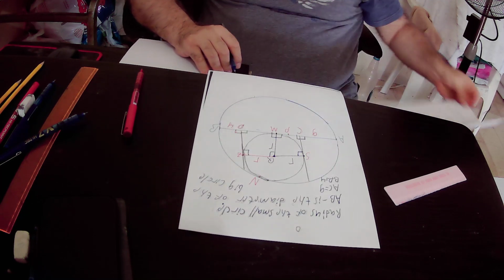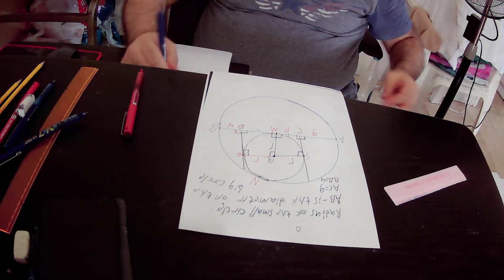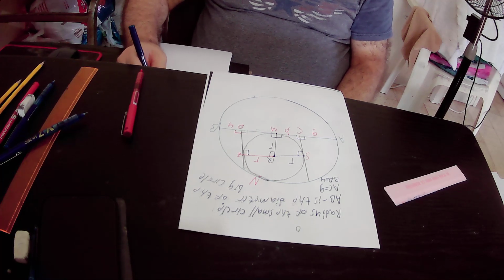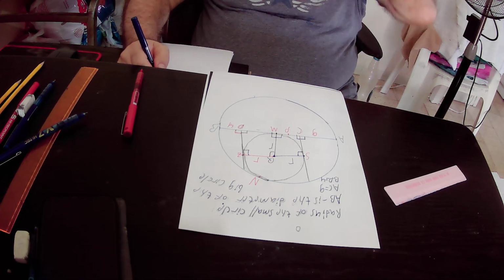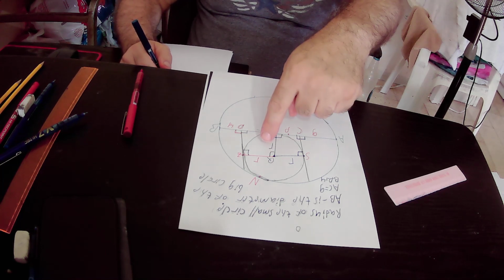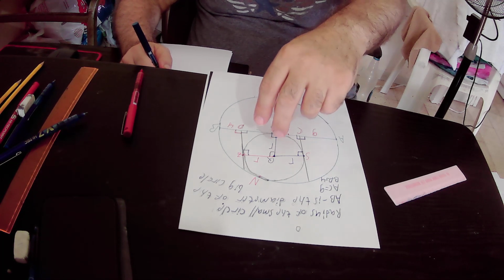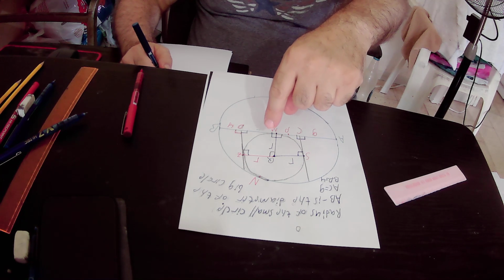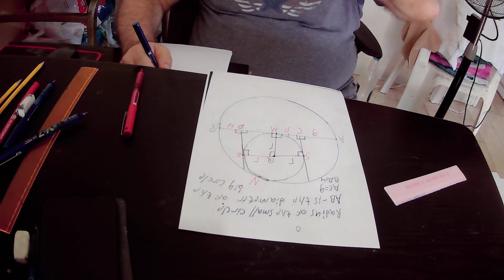So actually, we know that quadrilateral QZMD is a rectangle because it has 4 right angles. According to rule number 3, it is a rectangle.